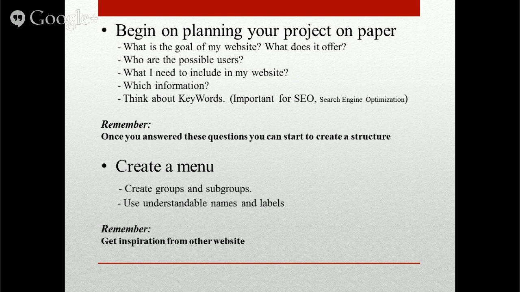So the best way to create a structure is to create a menu. So start to create groups and subgroups. In order to do this, you have to use understandable names or labels, that's really easy, and get inspiration from other websites.